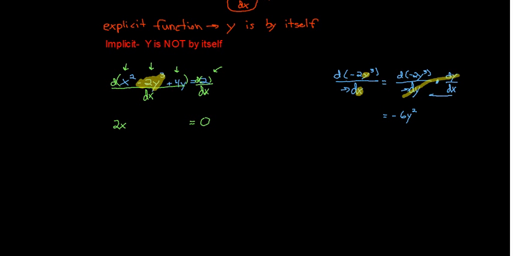But I'm not actually going to cancel those out because I want the dy on the bottom. So at the end, I have negative 6y squared times dy over dx.